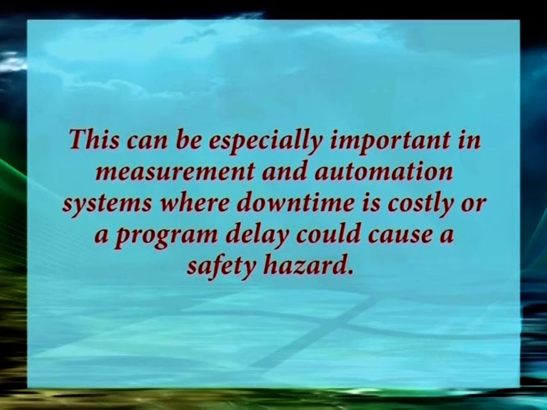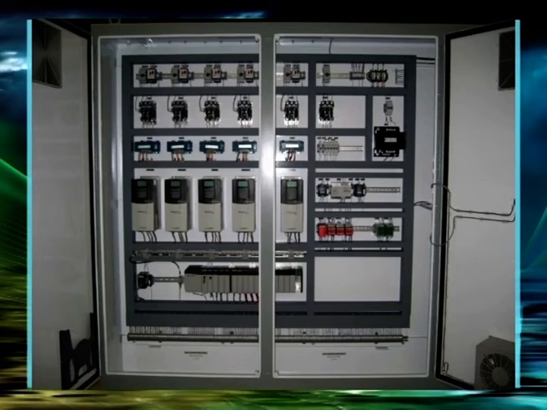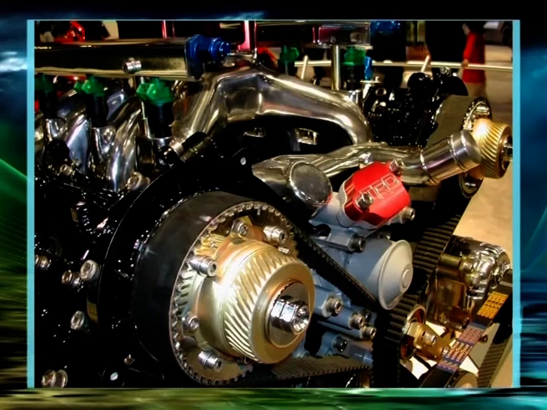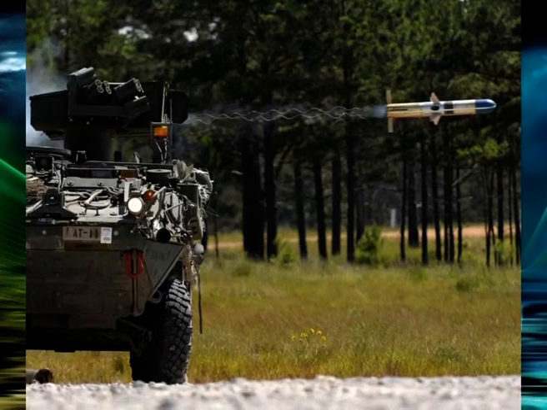This can be especially important in measurement and automation systems where downtime is costly or a program delay could cause a safety hazard. Some examples of real-time systems are medical imaging systems, industrial control systems, telephone switching systems, automobile engine fuel injection systems, air traffic control, missile guidance, etc.